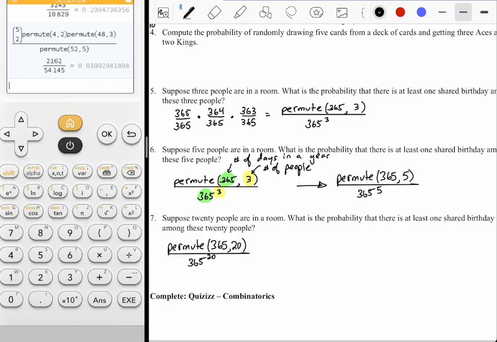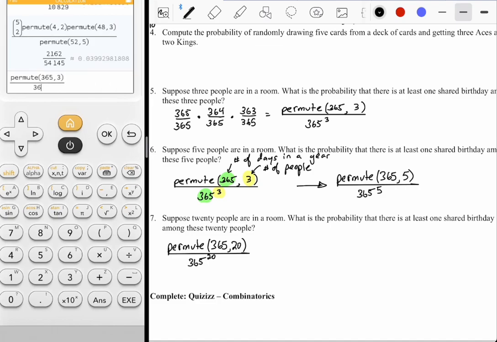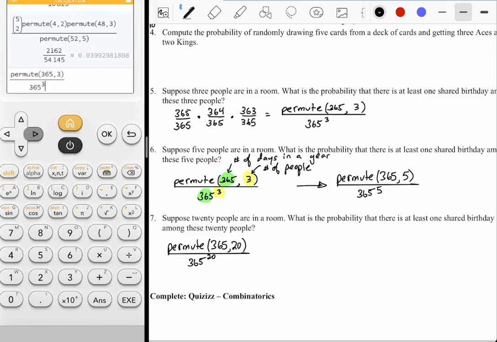So permute 365, start off with the 3, divide it by 365 raised to the third. And again, we could have done this the way we did the ACE question, where we figure out the probability of each one.